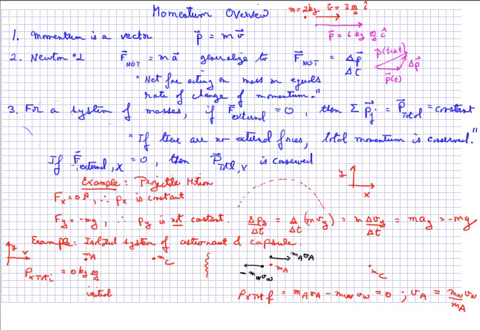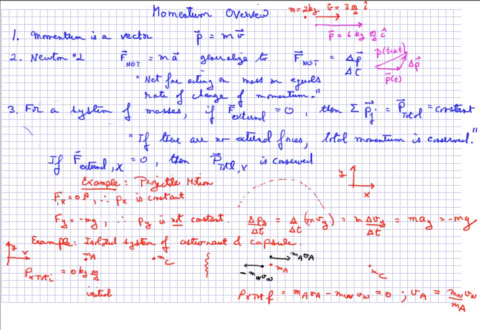So an example of this second special case here is projectile motion, where, as you all know, when an object is given some initial velocity, it undergoes projectile motion, as shown schematically in the dotted line here.